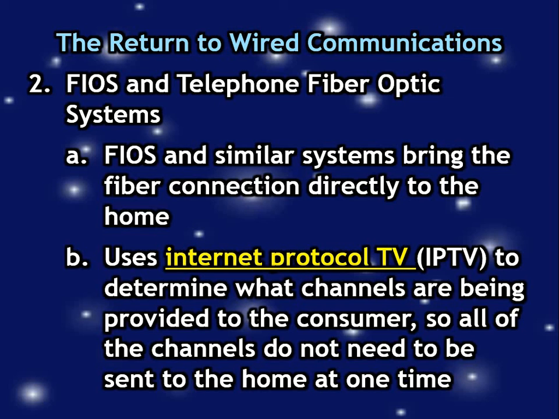So you dial up the Cooking Rats channel, and that sends a signal back to the Fios operator that says, hey, Jimmy wants to watch the Cooking Rats channel. So Fios then sends that content to you as you demand it. And if you have a service that uses this sort of technology, and you ever turn to a channel and it takes a second or two for your content to pop up after you switch the channel, that's what's going on.